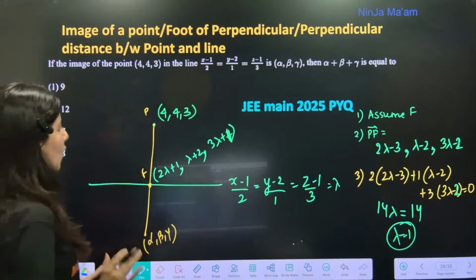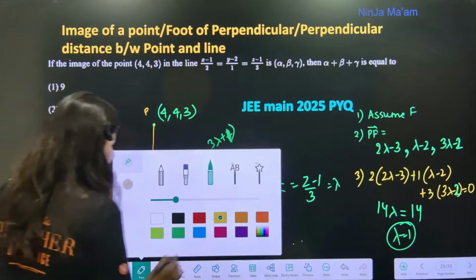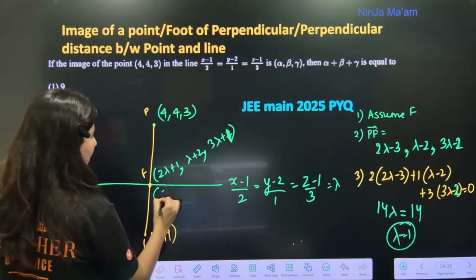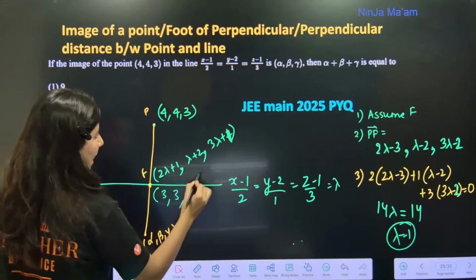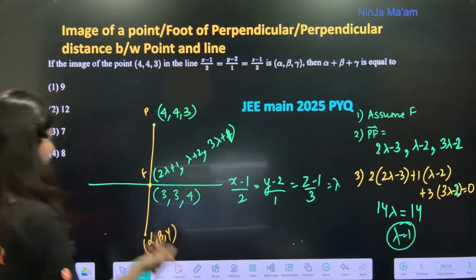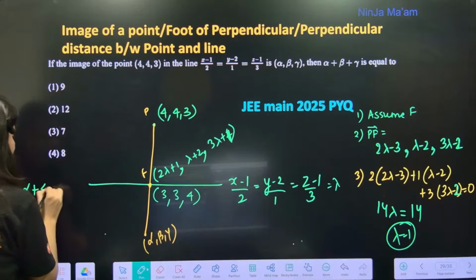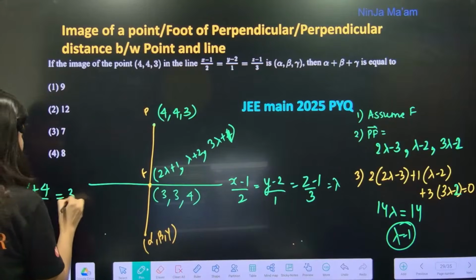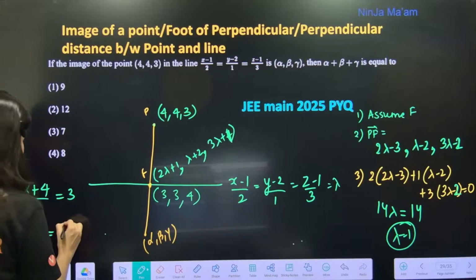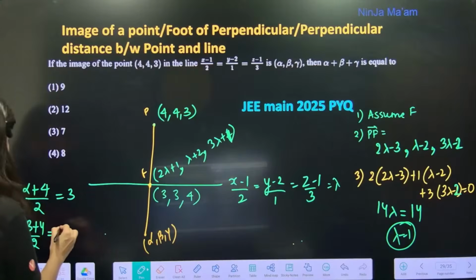Now the moment lambda is 1, F is right here. Can you see F? Lambda 1, so this is 3, this is 3, and this is 4. F is (3, 3, 4). Alpha, beta, gamma you can easily calculate. (Alpha plus 4)/2 is equal to 3. (Beta plus 4)/2 again is equal to 3.